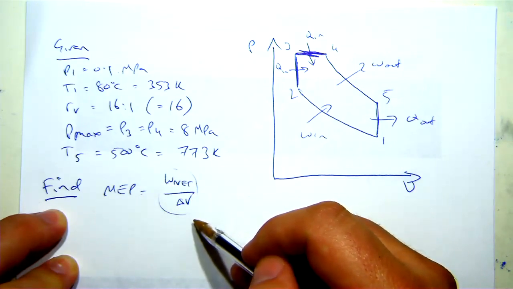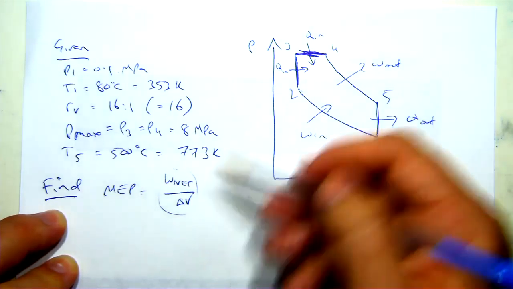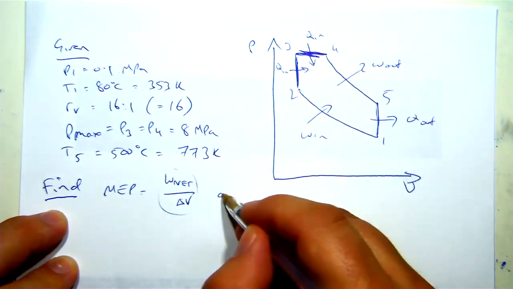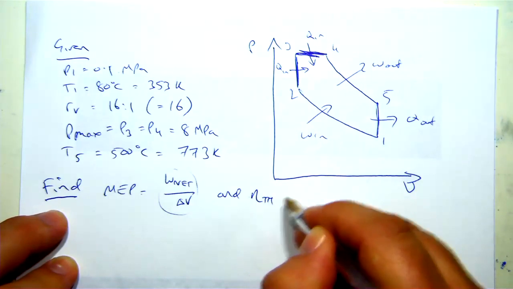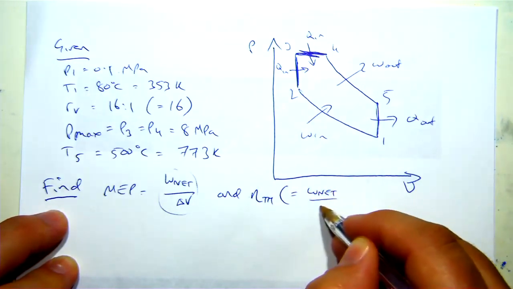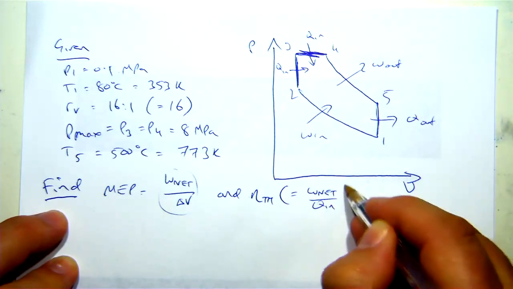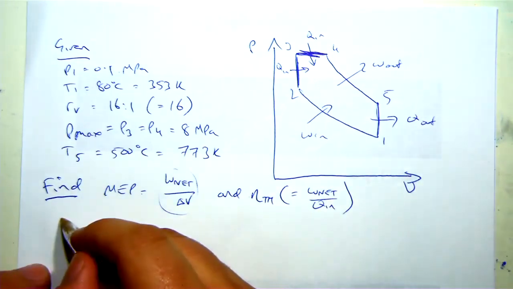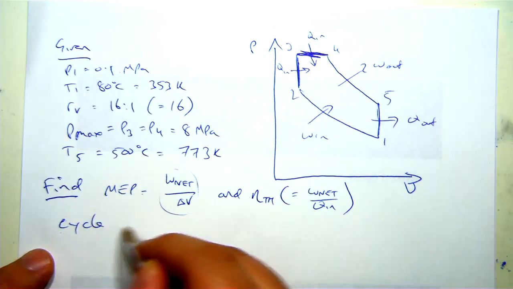So I don't necessarily need to know the actual volume change. And this efficiency is equal to W net on Q in. Now let's go around the cycle.